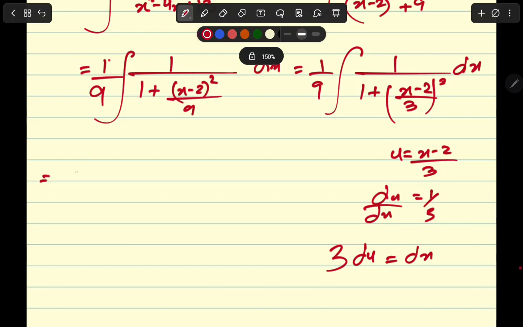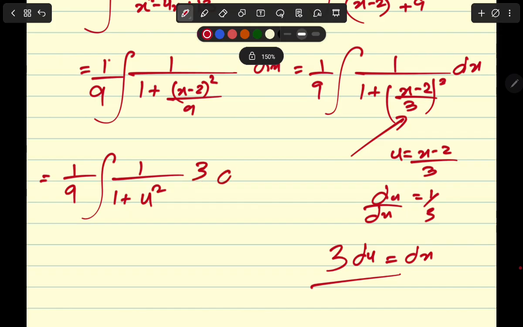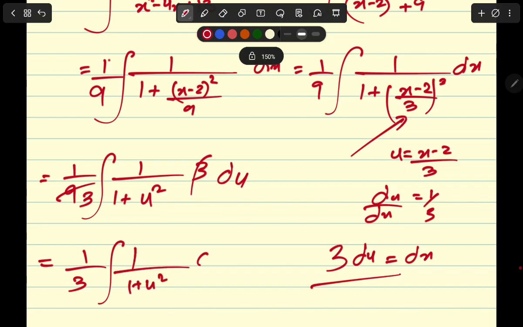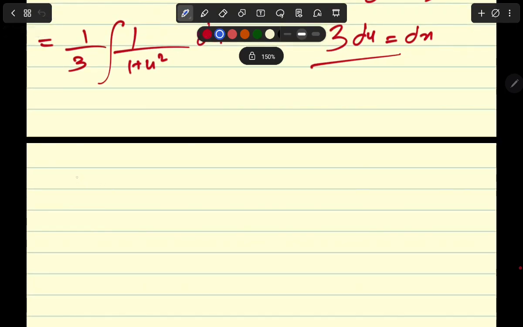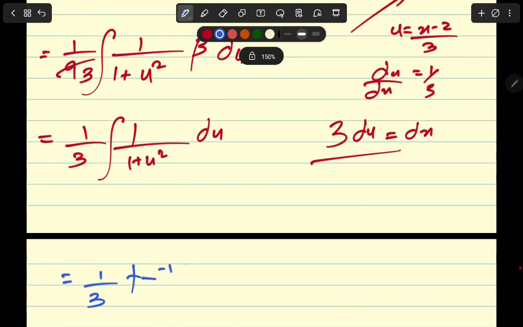So this is nothing but 1 upon 9, 1 upon 1 plus u squared, and dx is going to be equal to 3 times du. 3 cancels the 9 in the denominator, leaving 1/3 of 1 upon 1 plus u squared du. Now this is our familiar form, and we can simply do the integral as 1/3 of tan inverse u, and u is equal to (x minus 2) over 3 from here, plus c, and that's it.